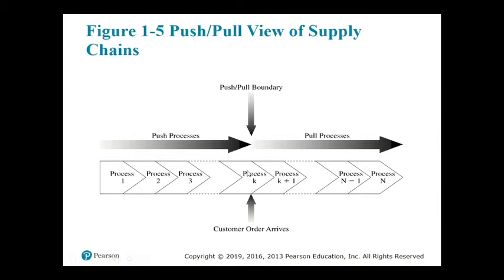In between, we have the boundary. So the boundary is exactly the point where the customer order is received. Right, so the pull process happens after the order arrives, and the push process happens before the order arrives.